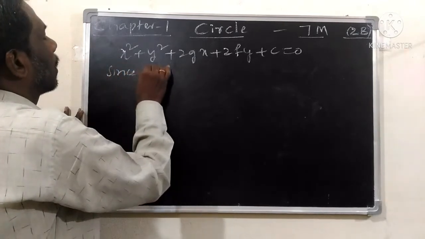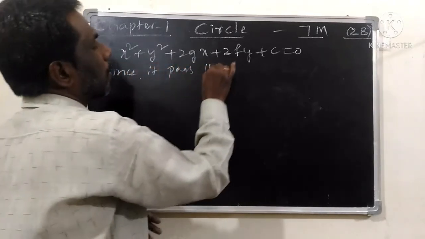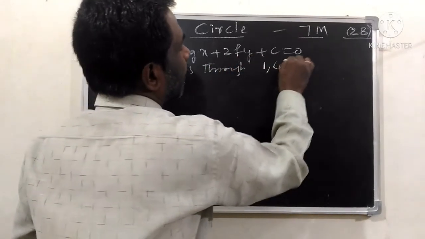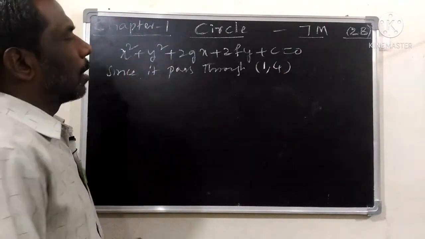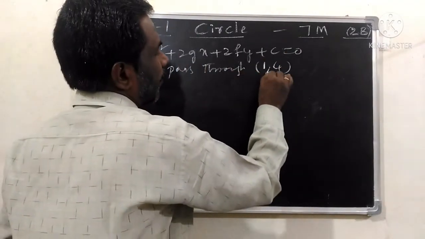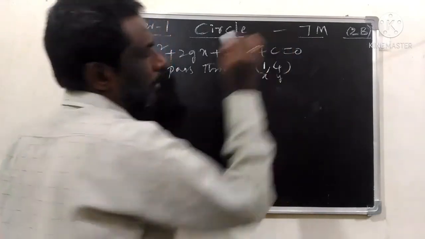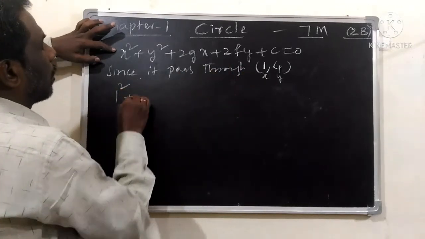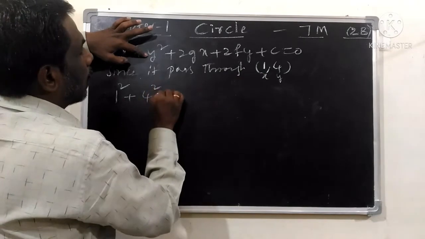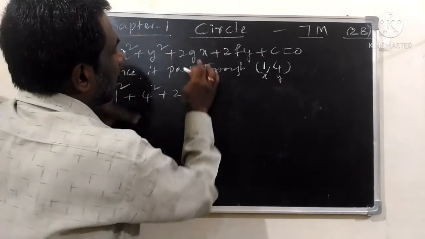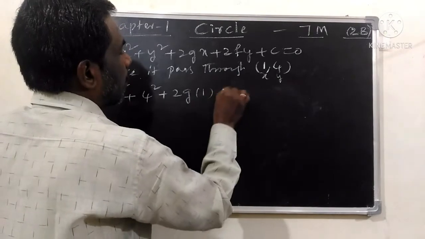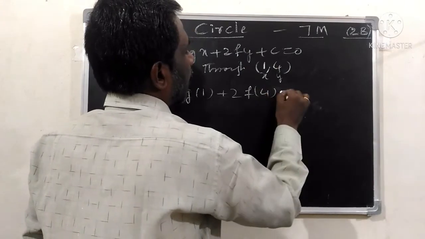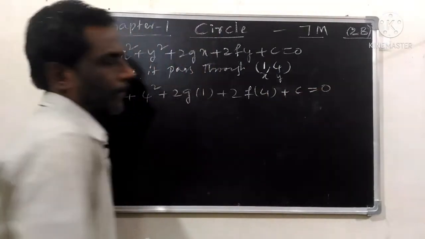Since it passes through (1, 4), the third point, I am going to substitute: in place of x is 1, in place of y is 4. So 1² plus 4² plus 2g as it is, with x replaced by 1, plus 2f as it is, with y replaced by 4, plus c equals 0.